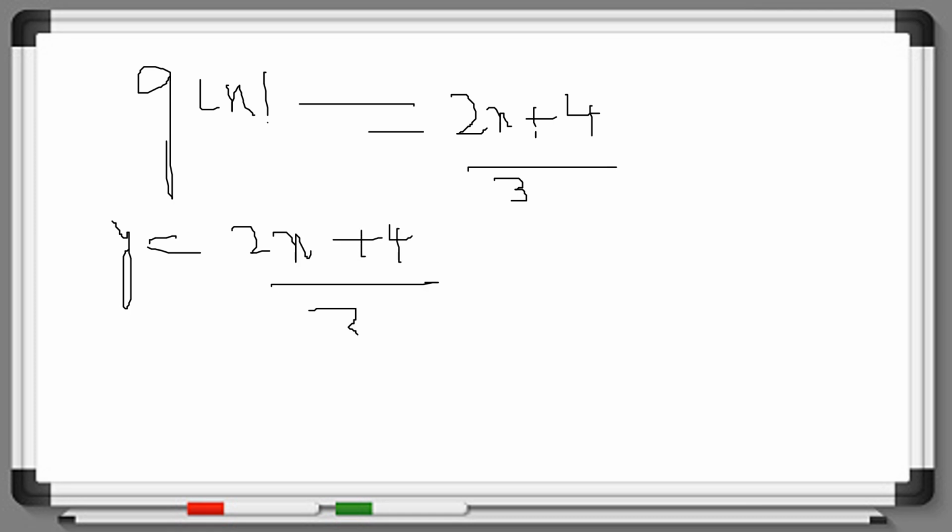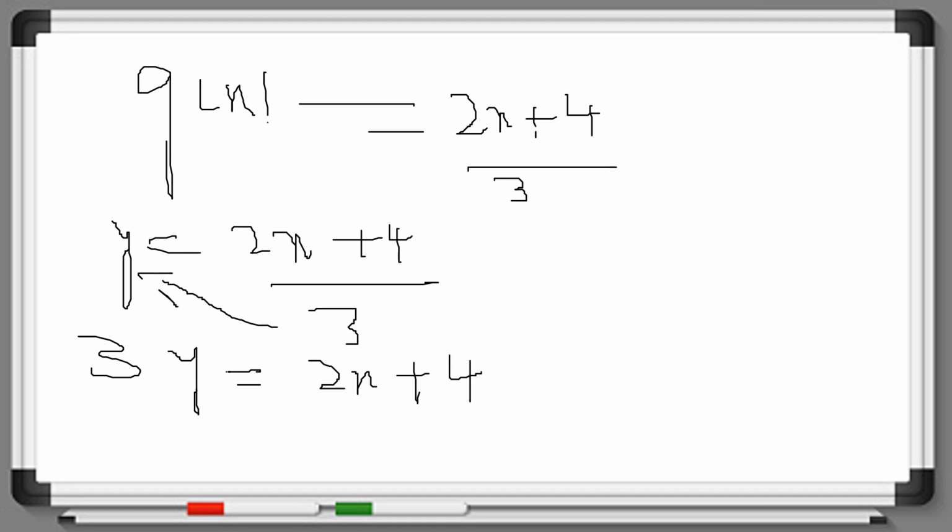Now there are two ways: multiply by 3 on both sides, so 3y is equal to 2x plus 4. The division changes to multiplication when we send it from right to left. So 3 multiplies with y, and we send plus 4 to this side, so 3y minus 4 is equal to 2x.